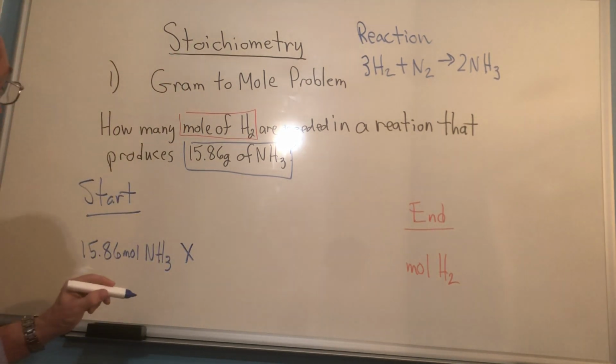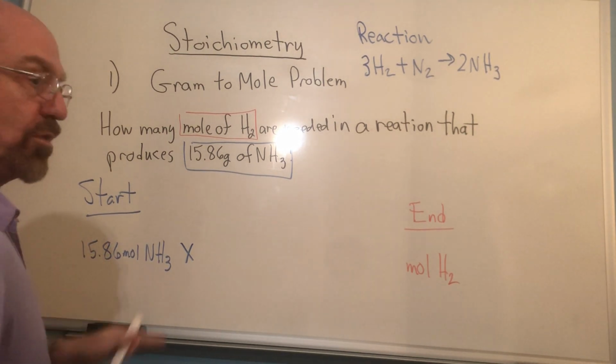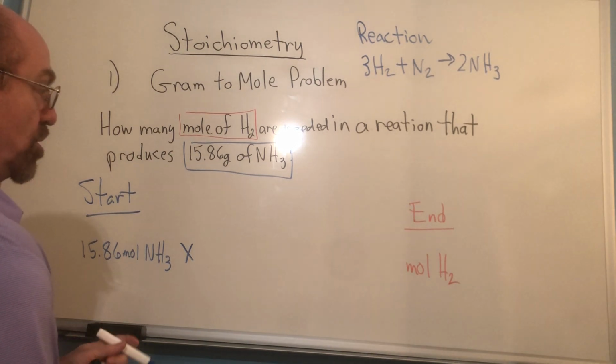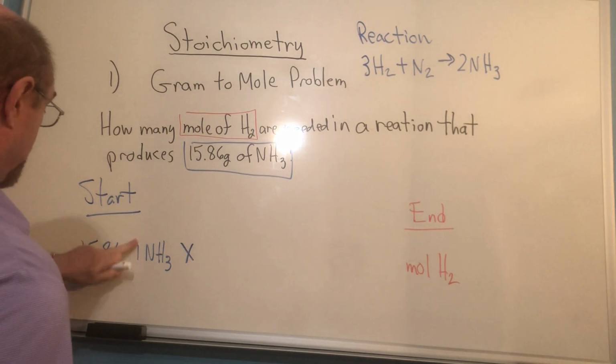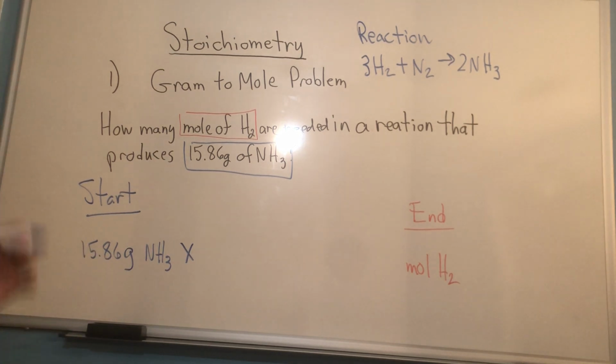So, if we're going to do this, we're going to first convert this to moles. Now, how do we do that? Well, we're starting with grams and we're trying to go to moles, so we need to divide by the molar mass.